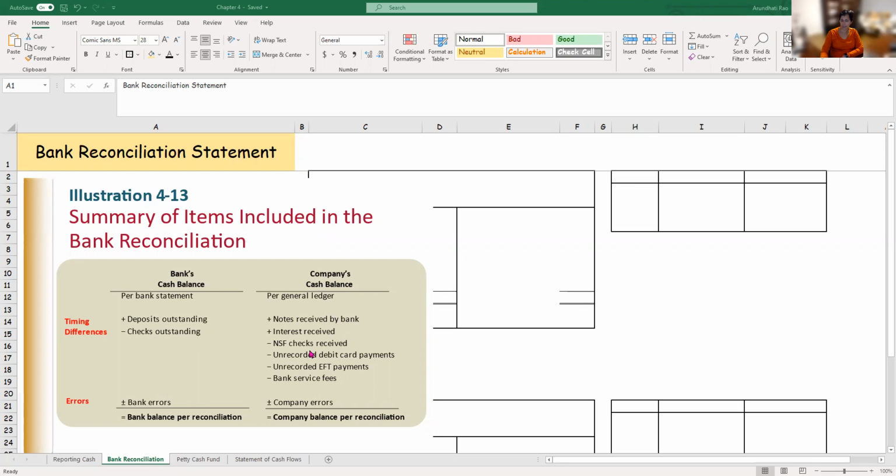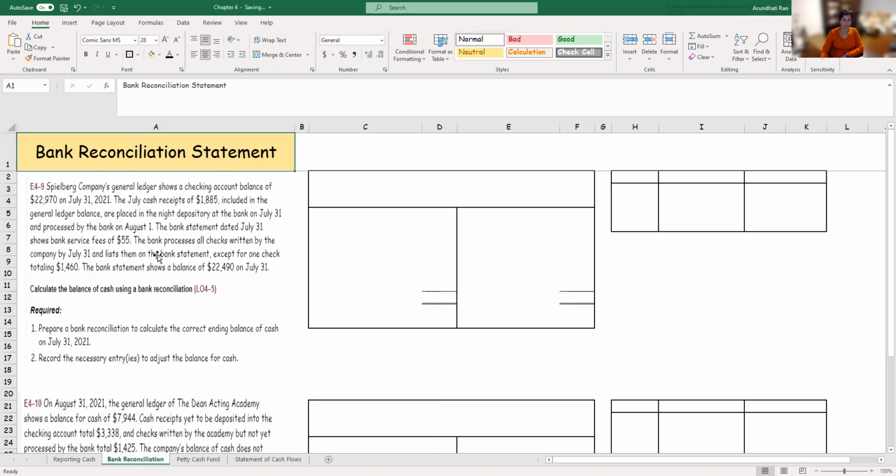If we have those, they are always bad checks that we have received from customers. And again, we may have errors that we identify. These are bank errors or company errors that we have made and we need to make corrections. Again, this is being done for the purpose of control. Now, with that taken care of, let's take a look at the exercise.